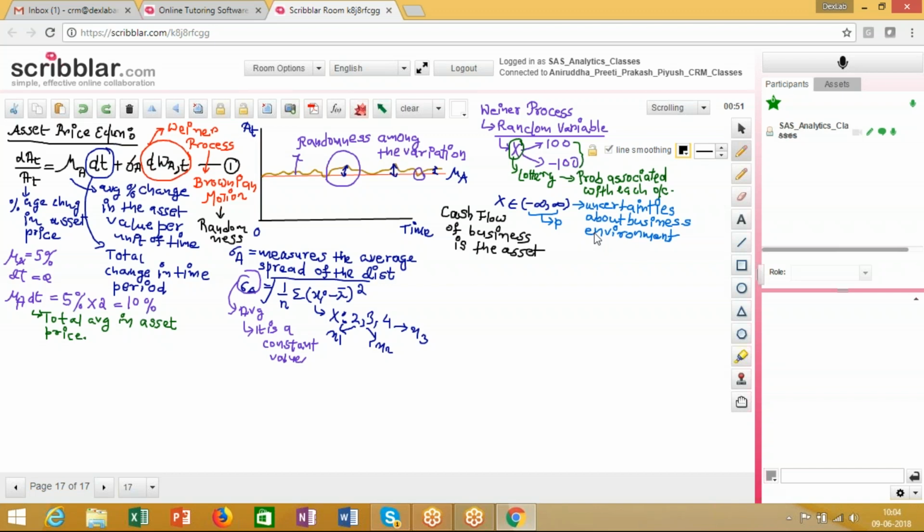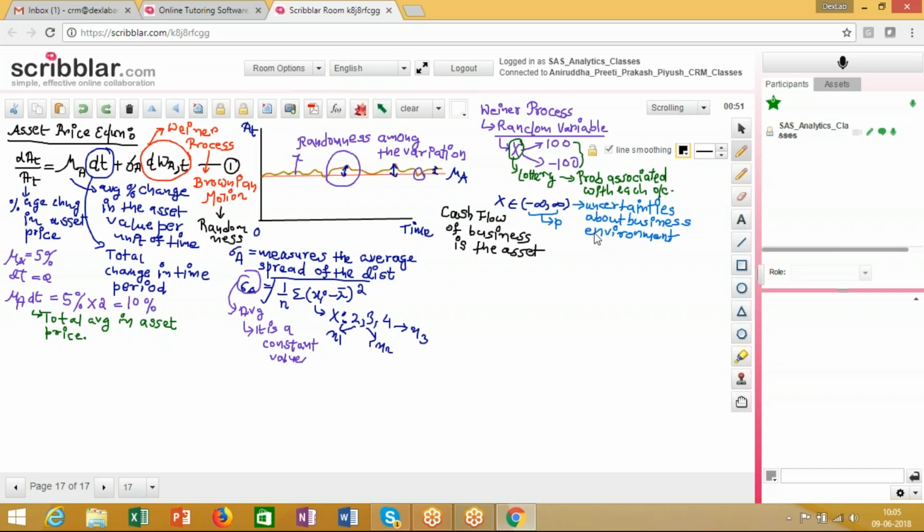So what we intend to do over here is the following: the cash flow changes due to uncertainty in the business condition. So when I see that the cash flow changes due to uncertainty in the business condition, I know how the thing should change. So it is the uncertainty or the randomness in the business environment which is causing the cash flow of the business to vary.